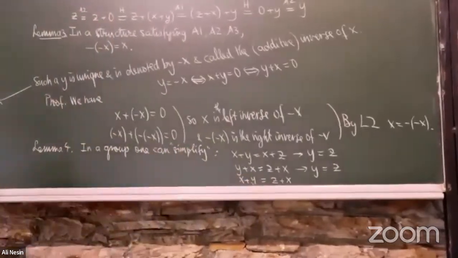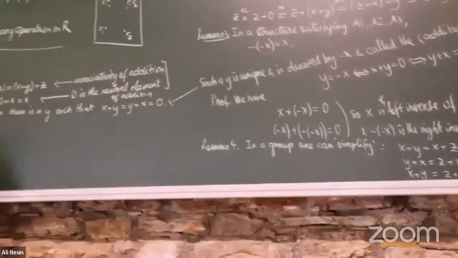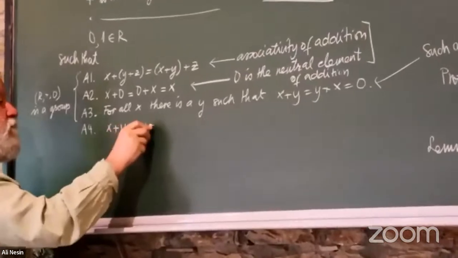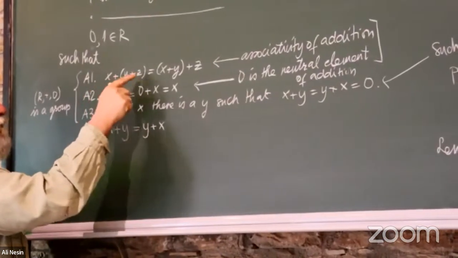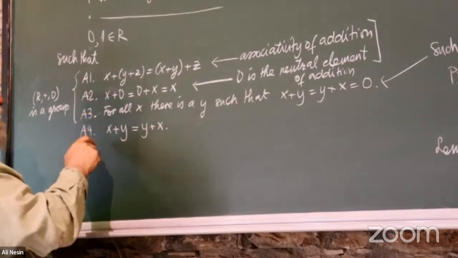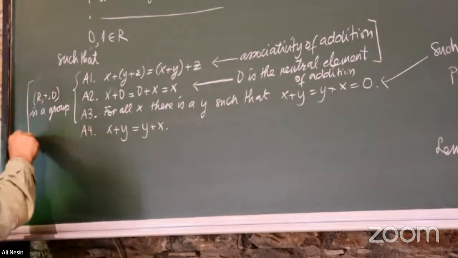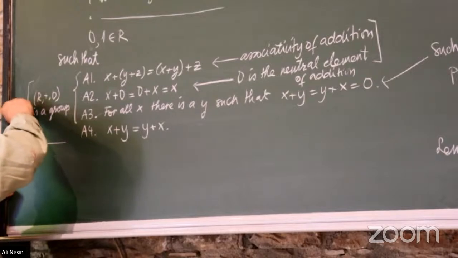But in this case, A4, the addition will be commutative. A4: X plus Y equal to Y plus X, for all X, for all Y. Here also for all X, for all Y, for all Z. Here for all X. If I say nothing, it means for all X, for all Y. So this is an abelian group, or sometimes commutative group.